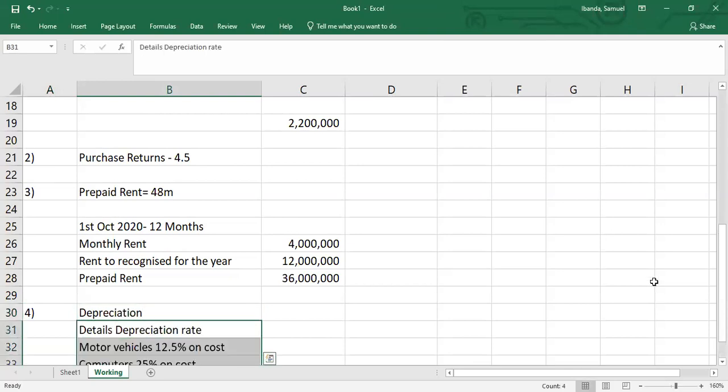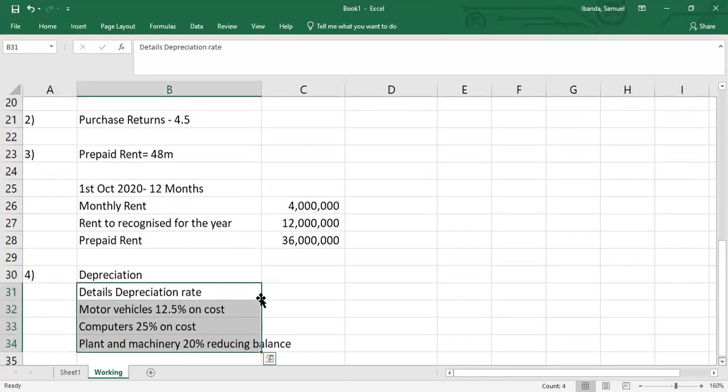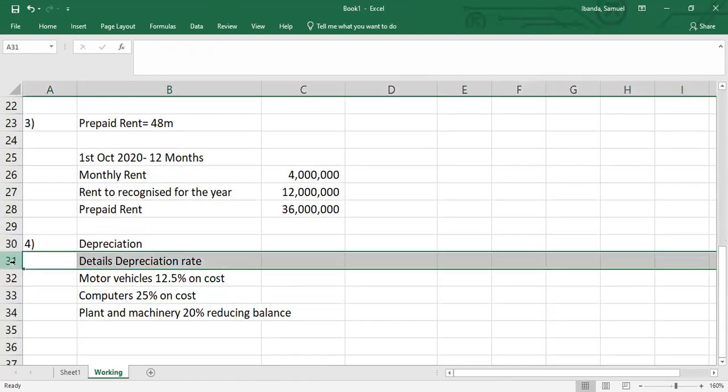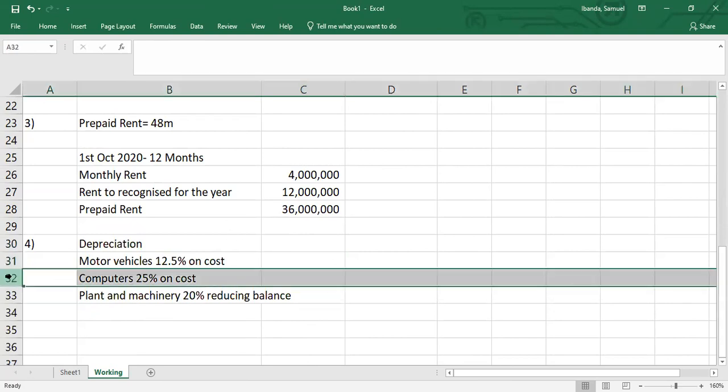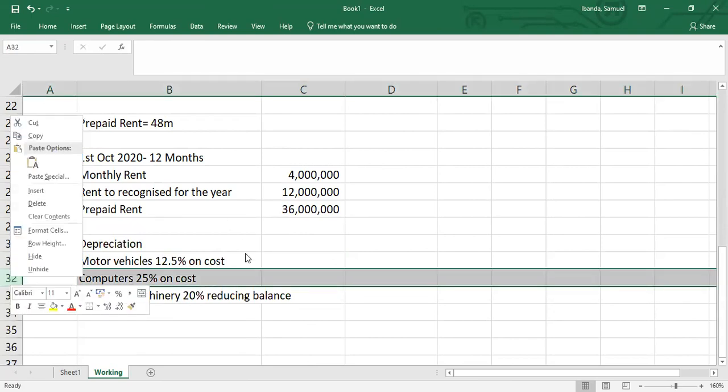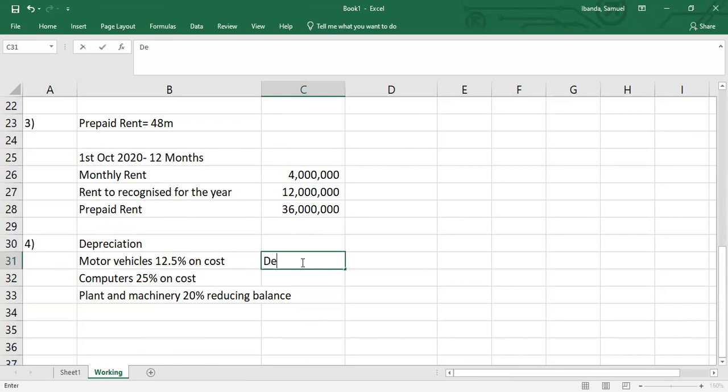Okay, so I have my depreciation rates there that have been given. This one is 12.5% on cost. So if I'm calculating my depreciation for this one, I'll just say depreciation is equal to 12.5% times what?